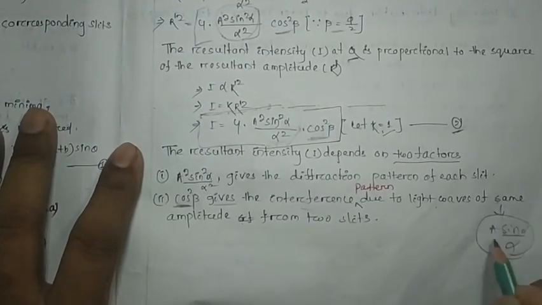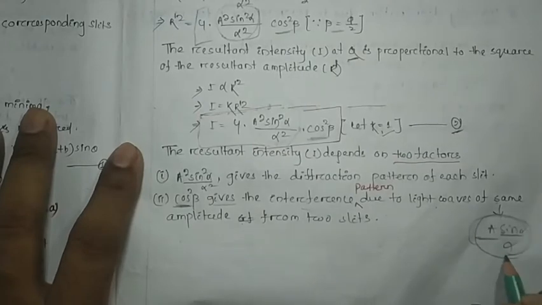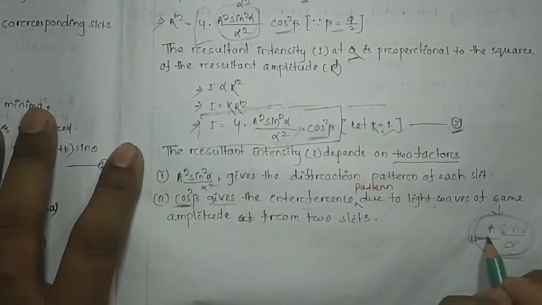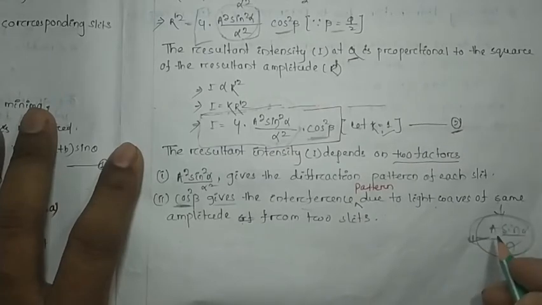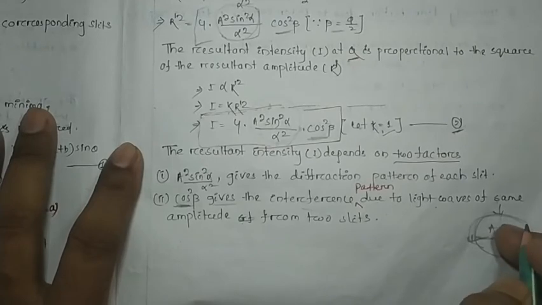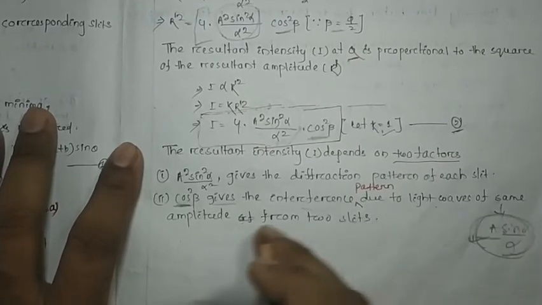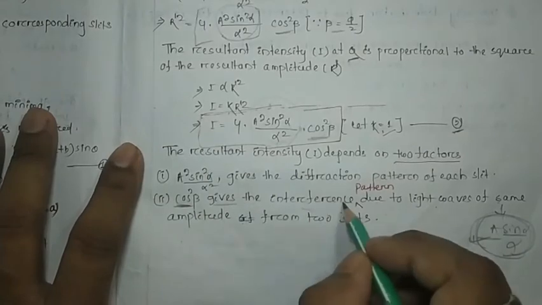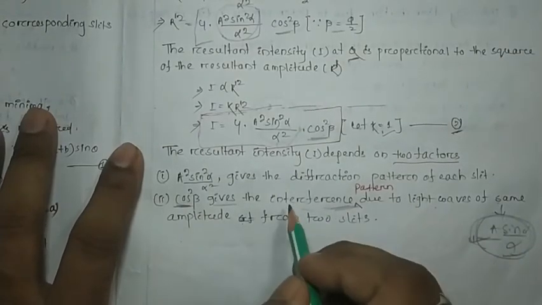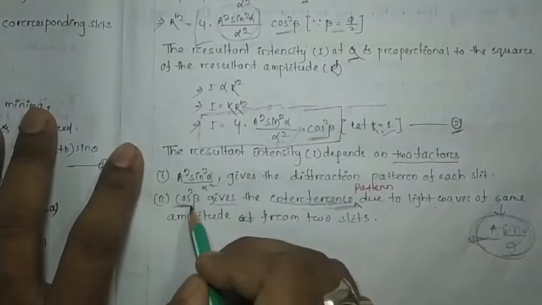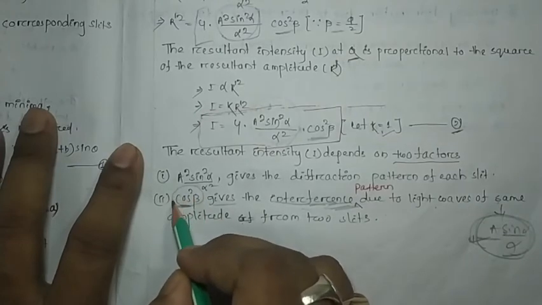This is the same amplitude due to the diffraction. Due to the diffraction, this much amplitude is diffracted from one slit, and from the other slit the same amplitude of light is diffracted. So due to the diffraction of the two waves of the same amplitude, we find an interference pattern, and the variation of the interference pattern is told by this term.